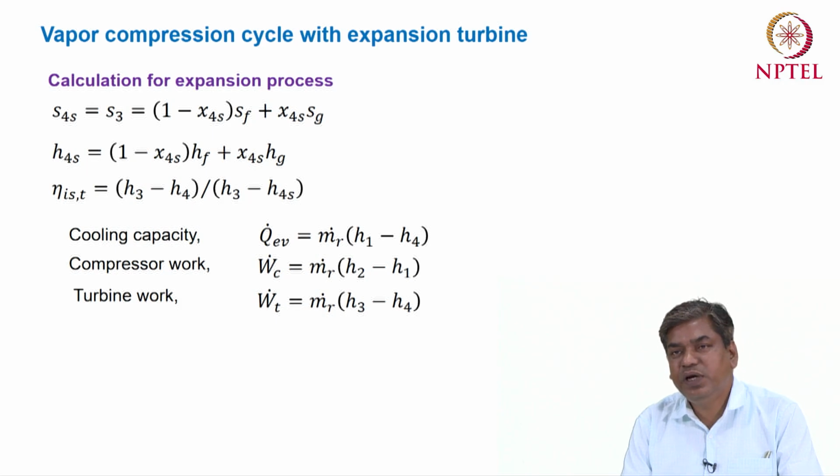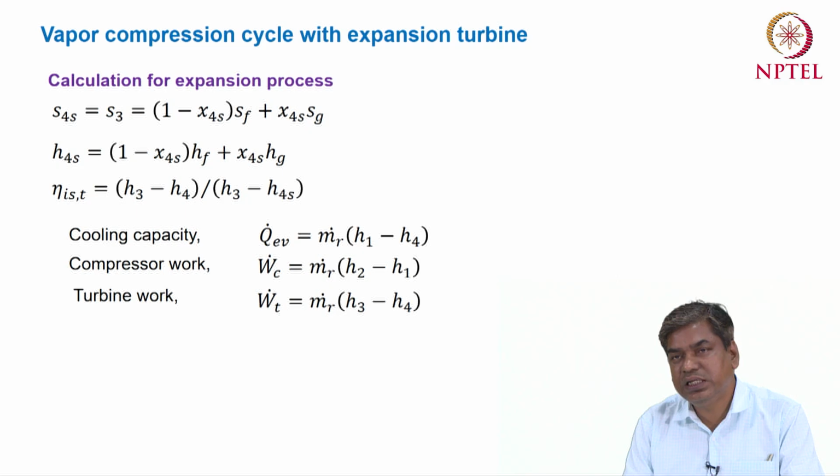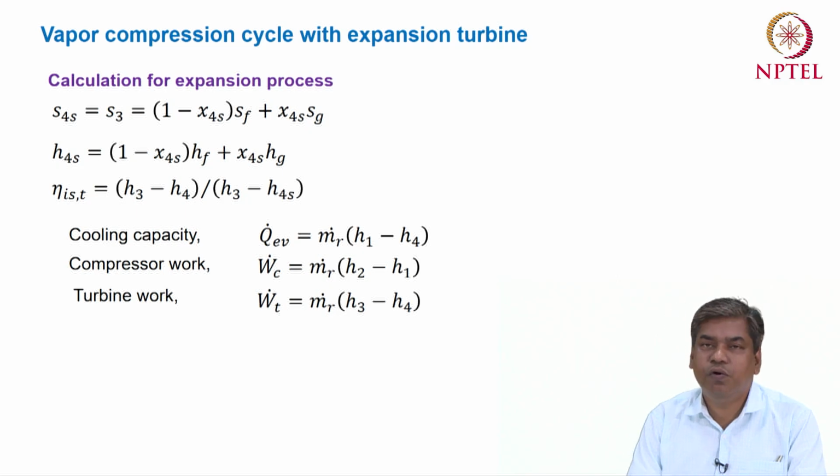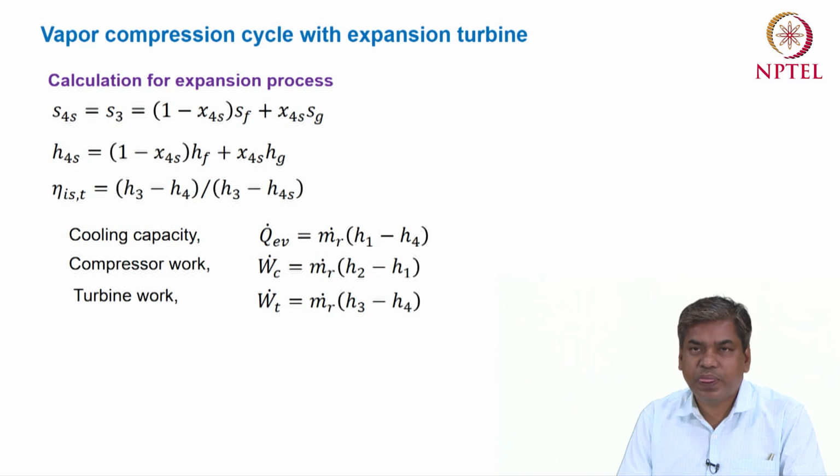So H3 minus H4 is the turbine work we can get, and if you couple the compressor and turbine, then the net work needed for the system, that means the compressor work minus the turbine work, can be reduced.